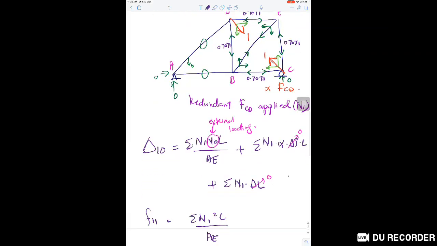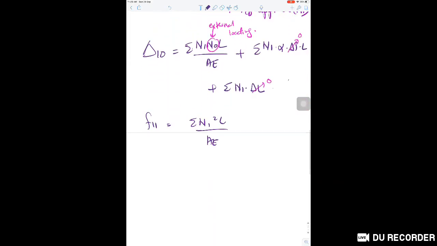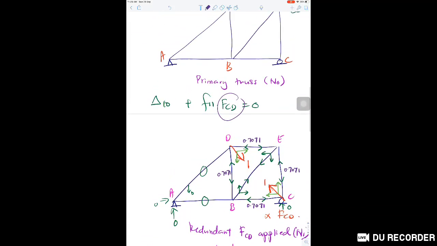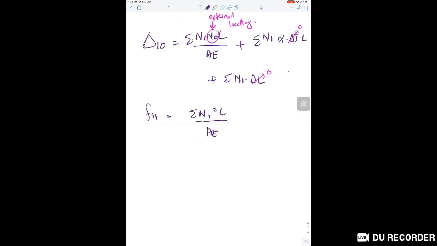Okay, then that's all. Okay, we determine N0, we determine N1, we put into the table. Okay, we find the summation of N1 times N0 times L. We find the summation of N1 square L. So we get delta 1 naught value, we get F11 value.